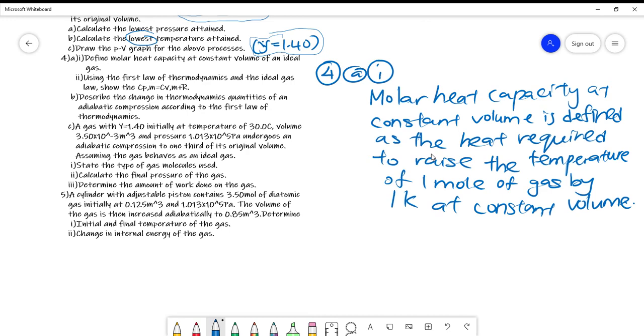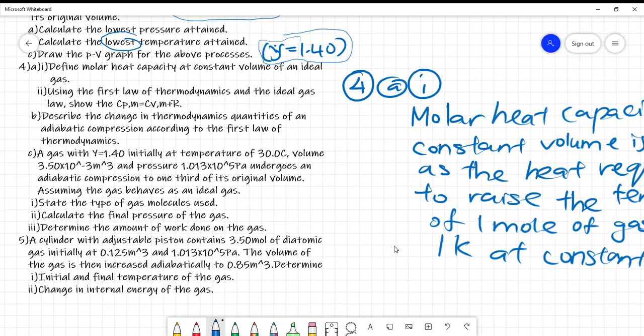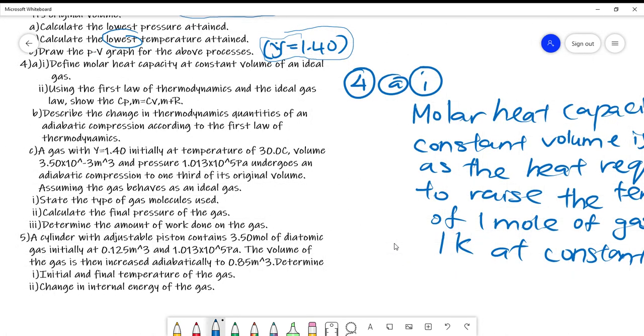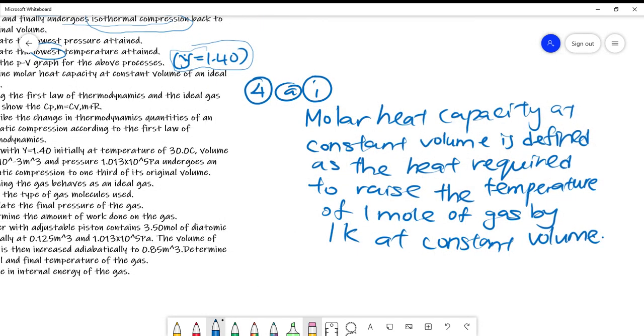Okay, using the first law of thermodynamics and the ideal gas, I wonder whether you can see it. Show that CPM is equal to CVM plus R. This derivation is quite long, so let me just erase all this.